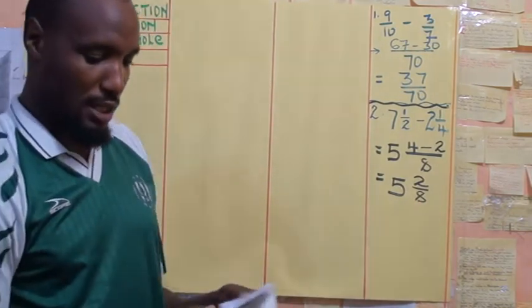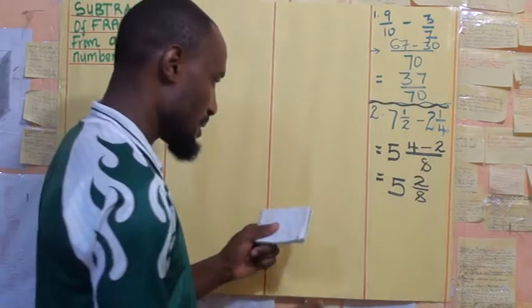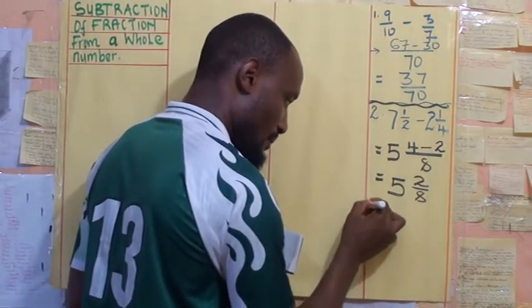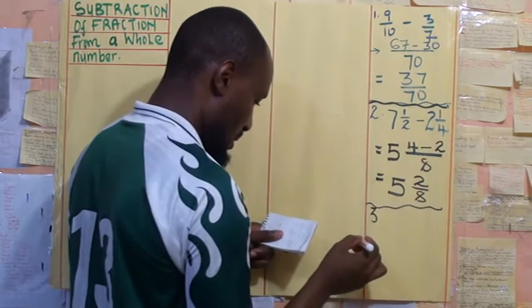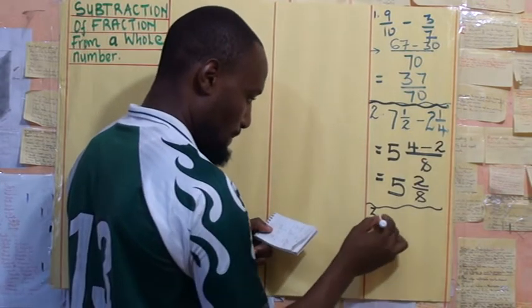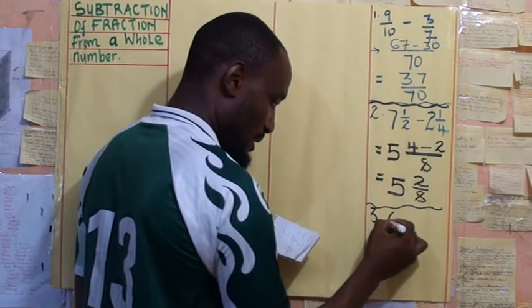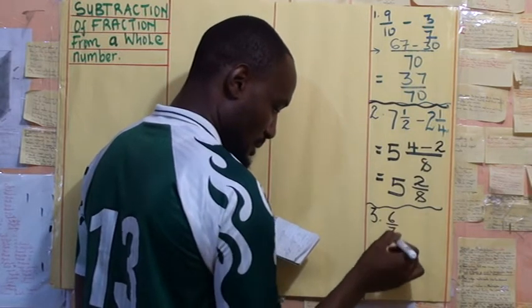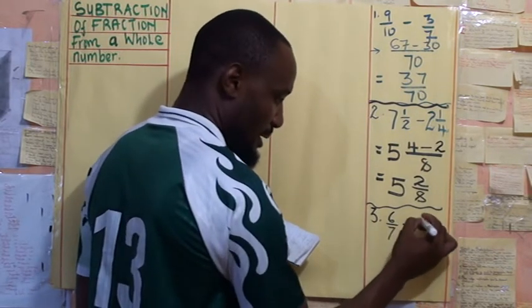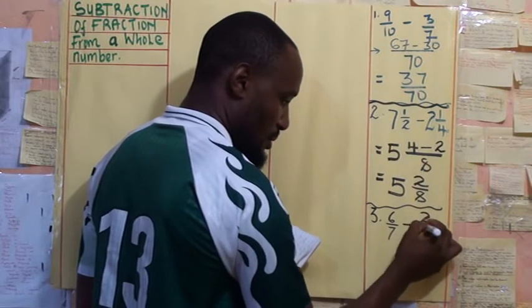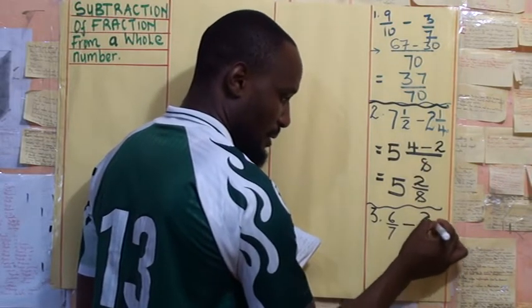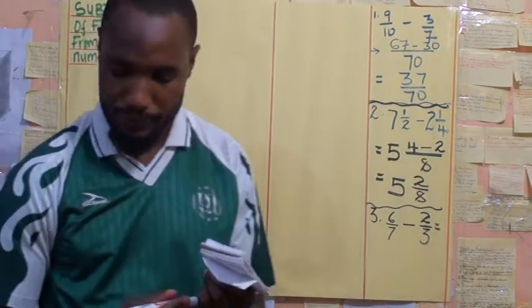The next question was number 3. It was 6 over 7 minus 2 over 3.